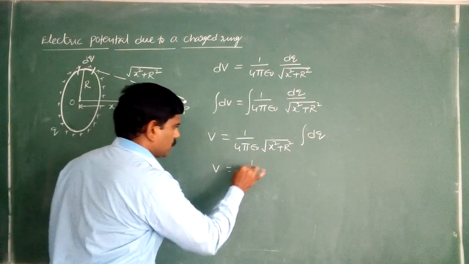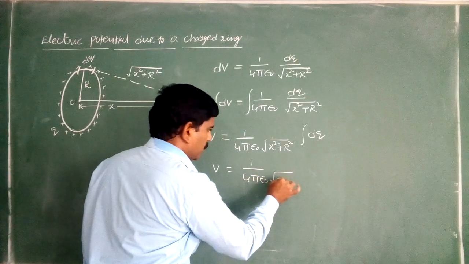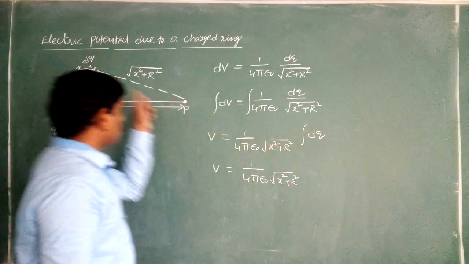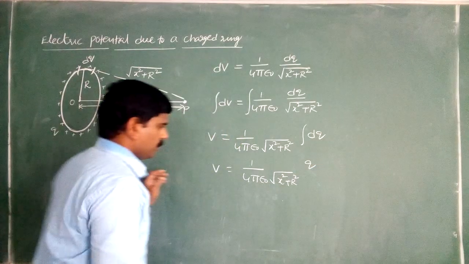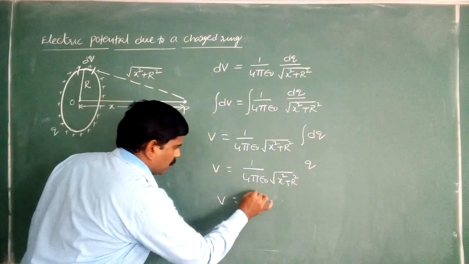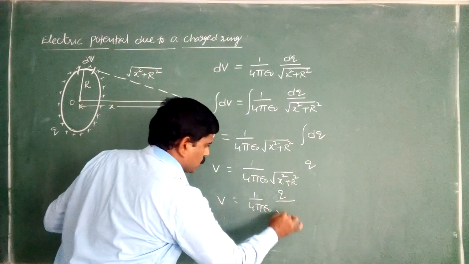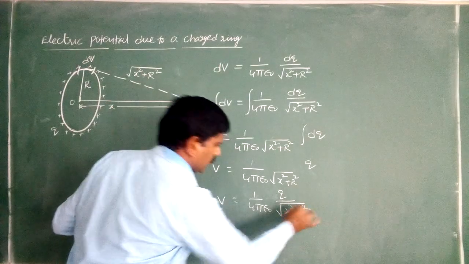Integral of dq is nothing but the total charge, which is Q. Therefore V is equal to 1 by 4 pi epsilon naught into Q by square root of x square plus r square.